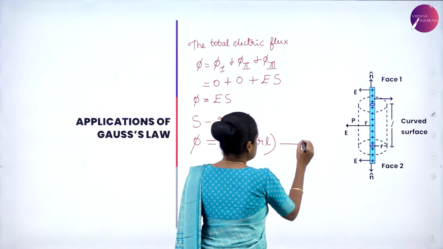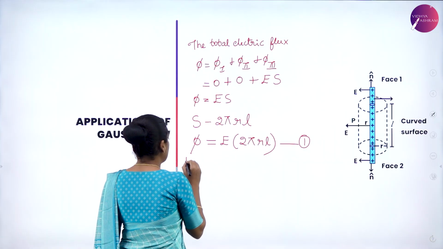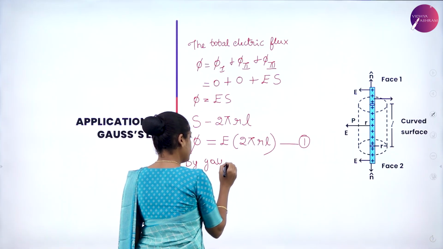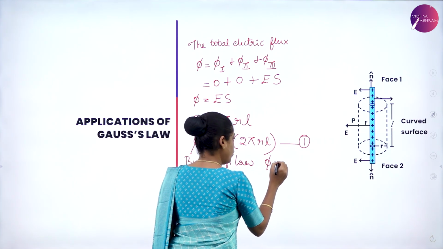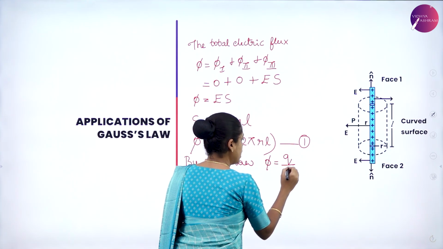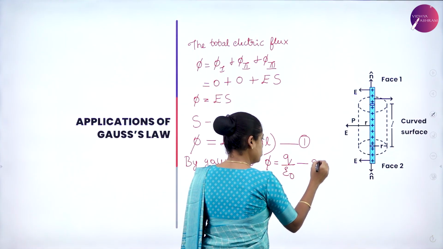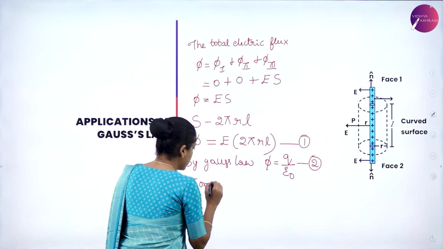Consider this as equation 1. Next, we have to apply Gauss law. By Gauss law, flux is also given by Q by epsilon naught. This is equation 2.